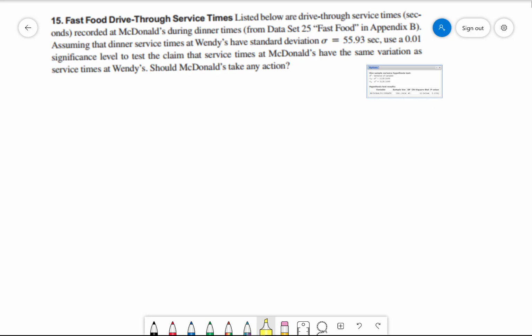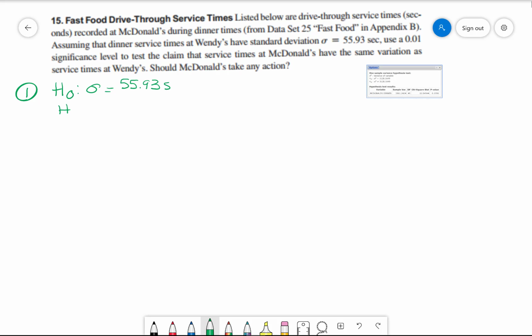So let's get started. I'm going to start with my hypotheses. Always, step one is starting with your hypotheses. My null hypothesis is that the standard deviation for McDonald's is the same as the standard deviation of Wendy's, which is 55.93 seconds.